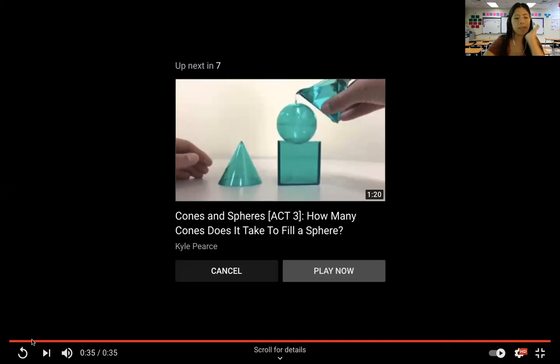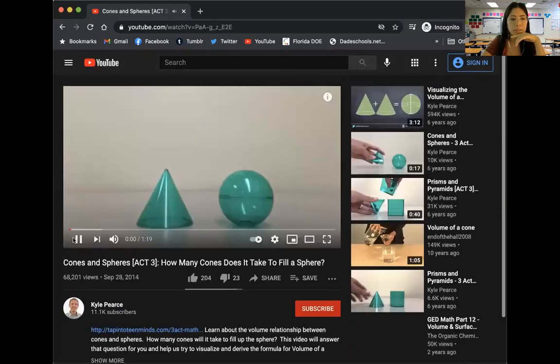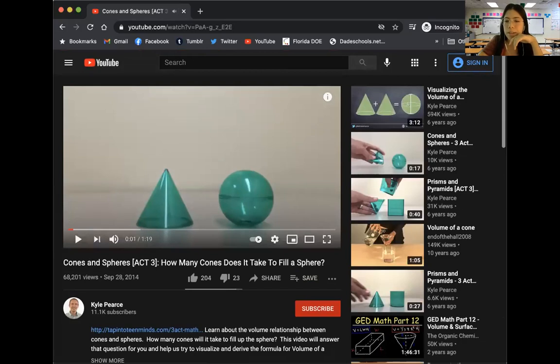All right. So what did you guys notice about this? What do you wonder? I'm looking at the chat now. Okay. The cone has less volume than the cylinder, so it takes longer to fill it up. Good. What else do we notice?